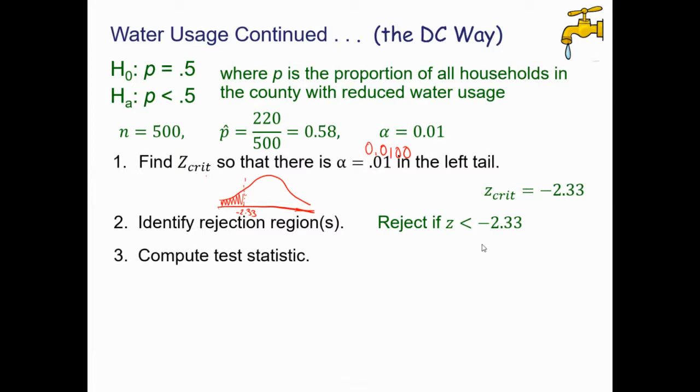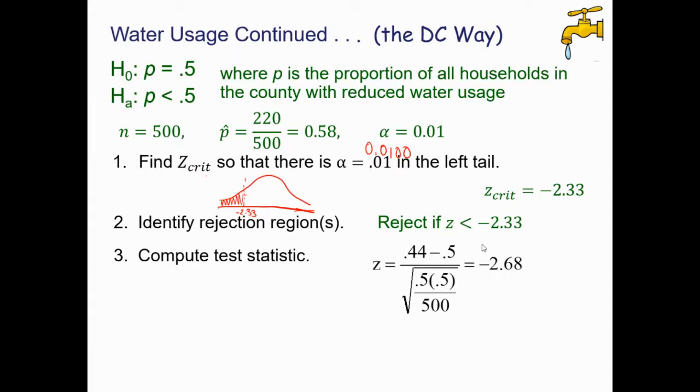Now, we already calculated the test statistic for dual credit, right? Z. So we got negative 2.68. Does that fit into our region here? Yes, it does. It fits nicely in there.